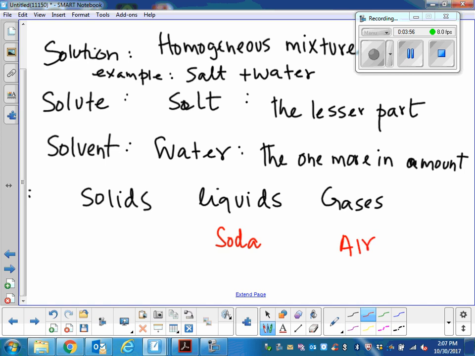What will be the solute, what will be the solvent in air? What do we have more of in air? Oxygen is the solute. What is the solvent in air? Nitrogen is the solvent.